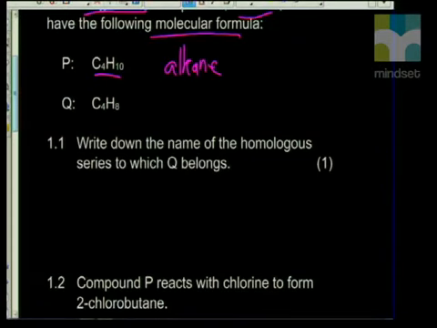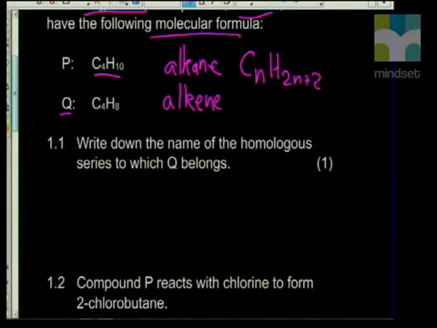Even before I've read any more of the questions, I'm making a mental note in my head of what's going on. And Q, C4H8, I'm going to say that's an alkene, because the general formula fits the pattern of CnH2n+2 for P, and this one fits the pattern of CnH2n.